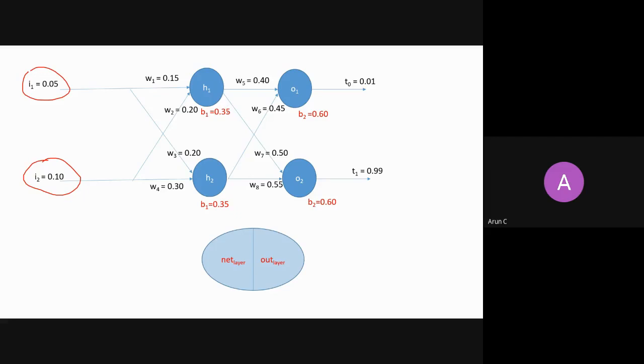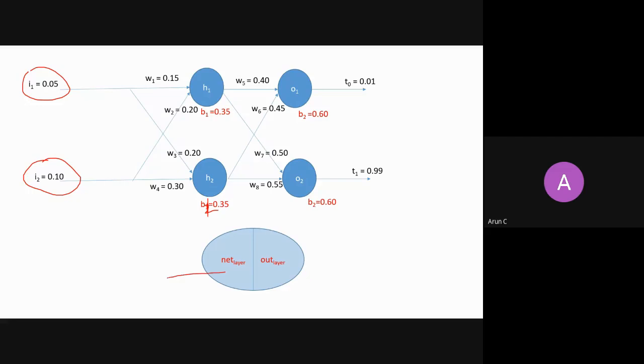The bias is common at the first layer: B1 is 0.35, and for the second it is 0.325. And these are W5, W6, W7, W8. The output layer is O1 and O2. The expected targets once you feed it are 0.01 and 0.99.